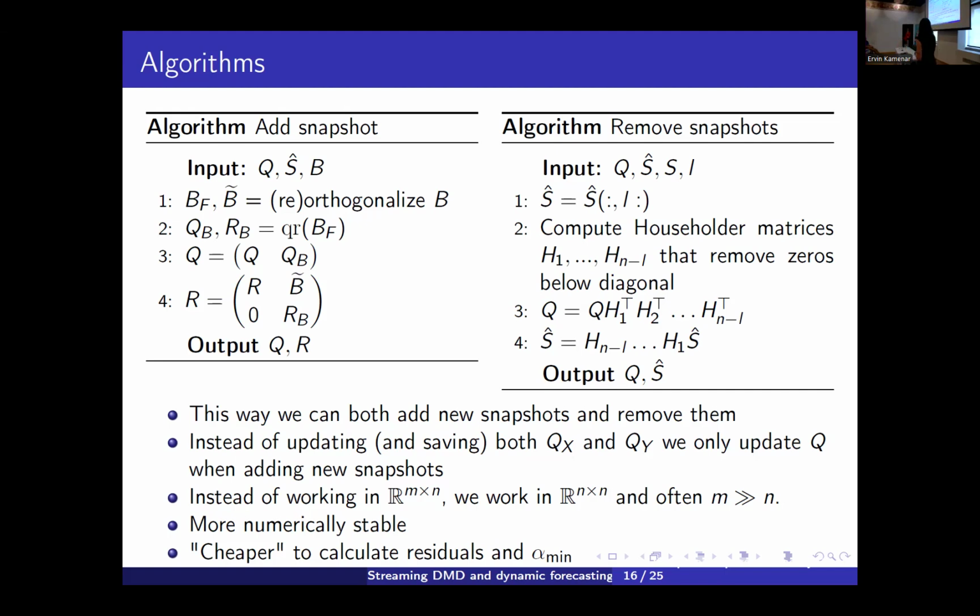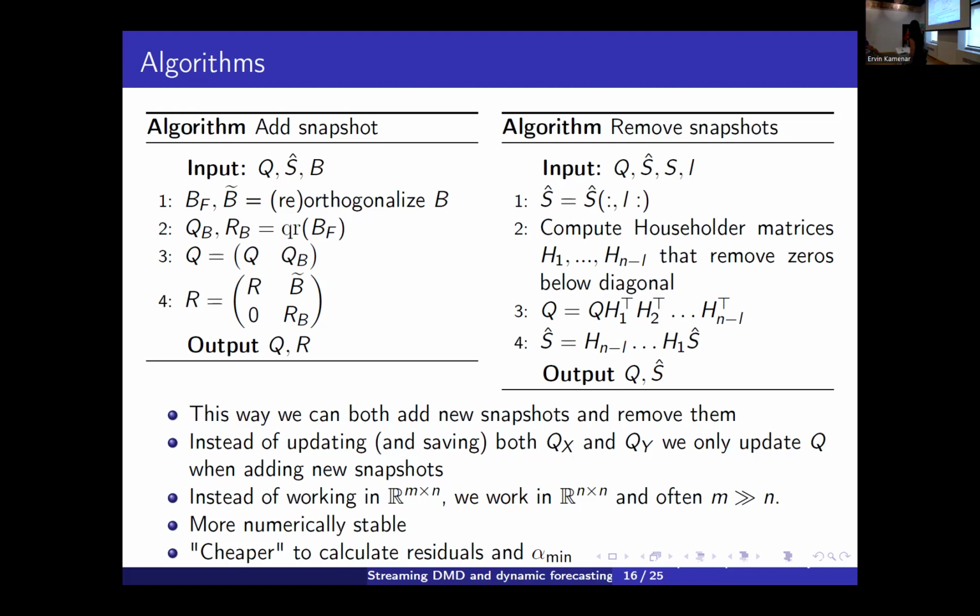Instead of updating and saving QX and QY, we only update Q, which can be great if you have really, really large data. Instead of working in this large space, R^(m times n), we actually work only with R1 and R2, which are n times n.